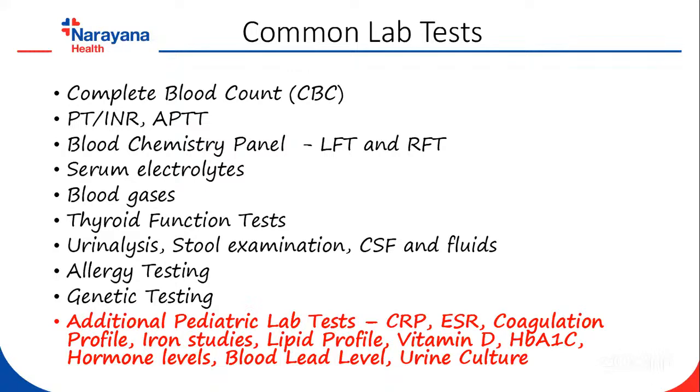Besides all these tests, we do many other additional pediatric lab tests, which are not done often, done once in a way, not very infrequent too, like coagulation profile, iron studies, lipid profile, vitamin assessment of D, B12, hormone levels, blood lead level, and various other tests also.